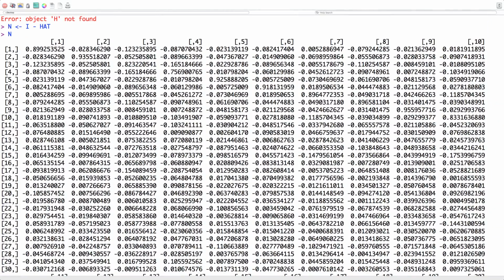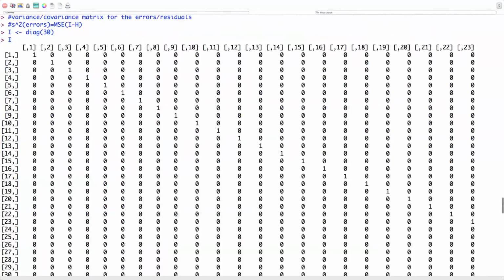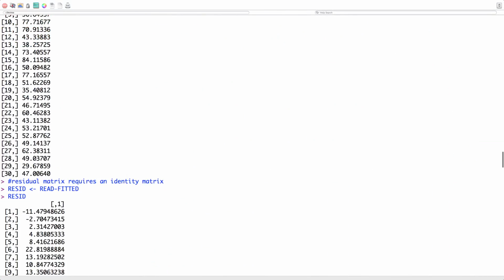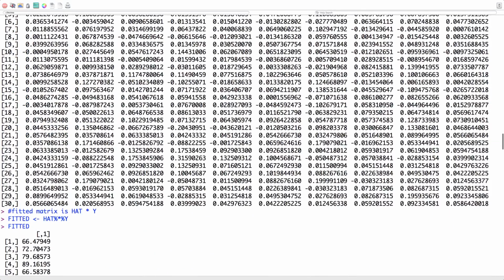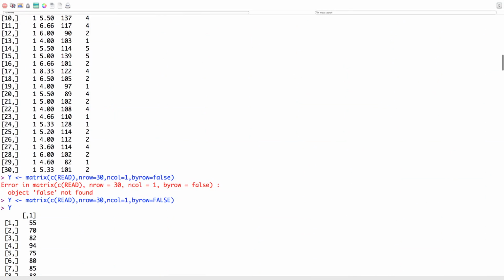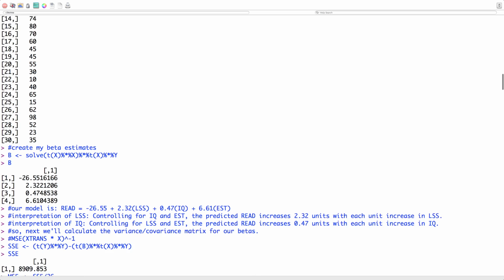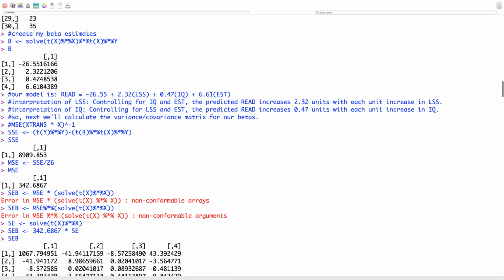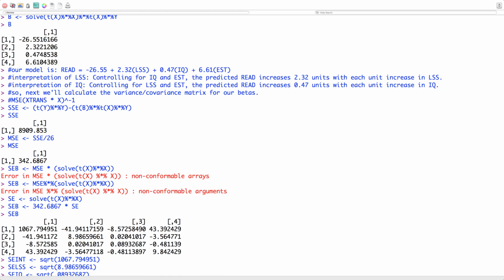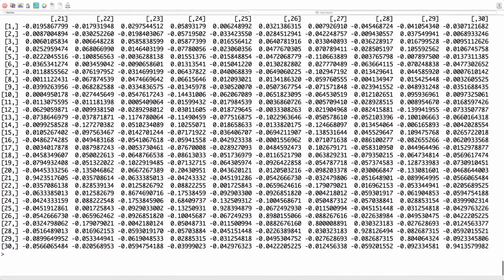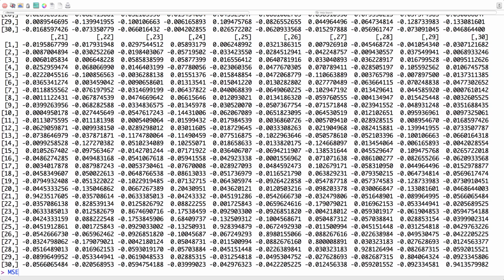Now I've got to multiply that by the mean square error, and the mean square error was way back here someplace. The mean square error was 342. Well, I really didn't need to go back there. All I need to do is type mean square error.